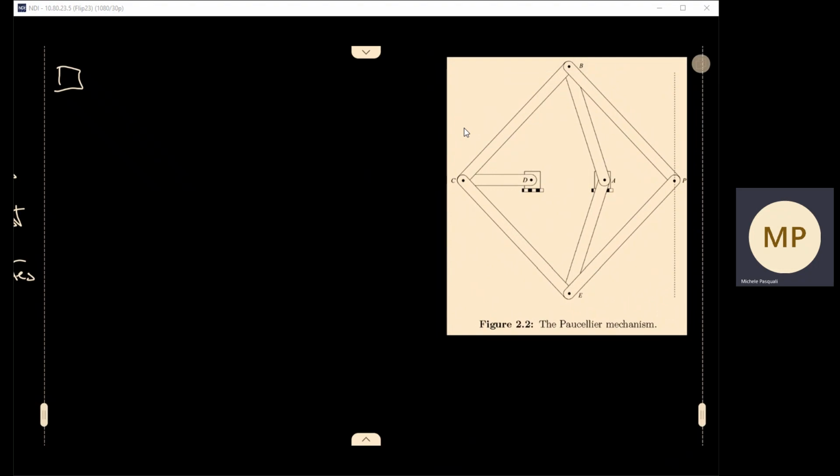Do you know what this is? Has any one of you studied this mechanism? So this is called the Peaucellier mechanism.